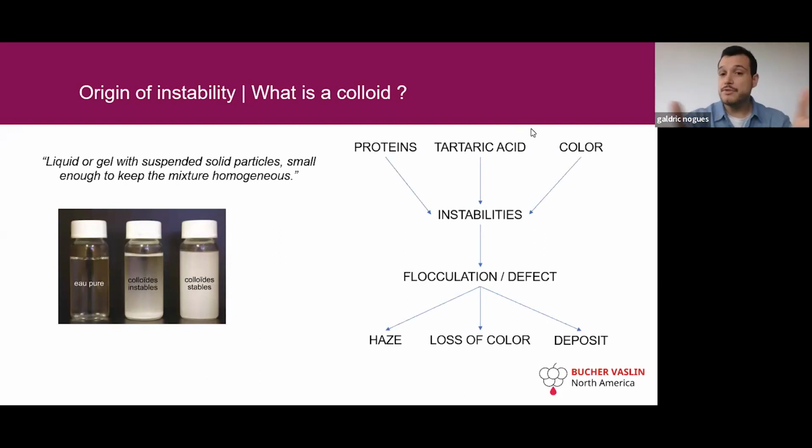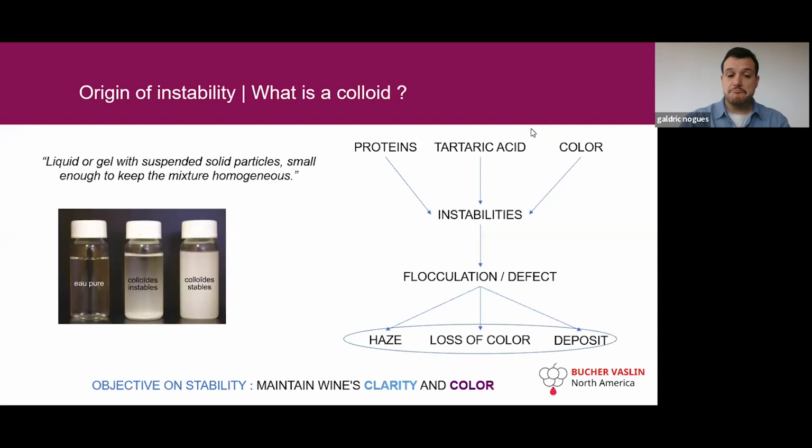And they act pretty much the same way because they will all be linked with a flocculation and a defect, which is going to be, at the end, in the wine, a haze, a loss of color, or a deposit in the bottle. So the main goal is to maintain the wine's clarity and the wine's color as well.